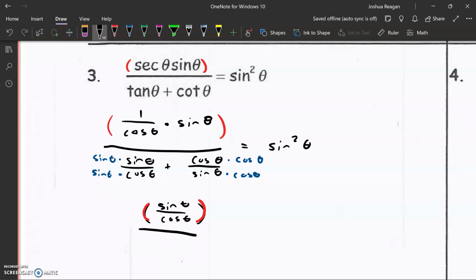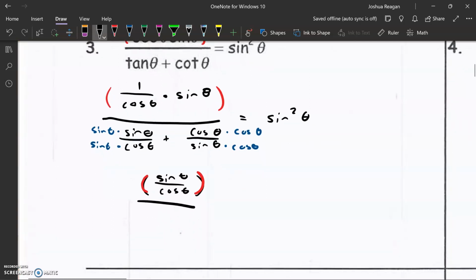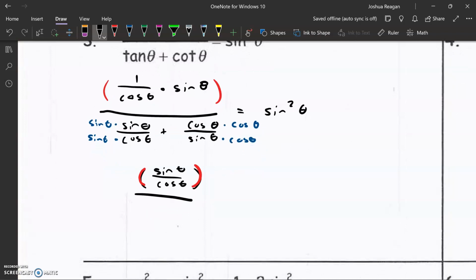Our denominator will be sine theta times sine theta, which is sine squared of theta, over sine theta cosine theta, plus cosine times cosine, which is cosine squared of theta, over, once again, sine theta cosine theta.